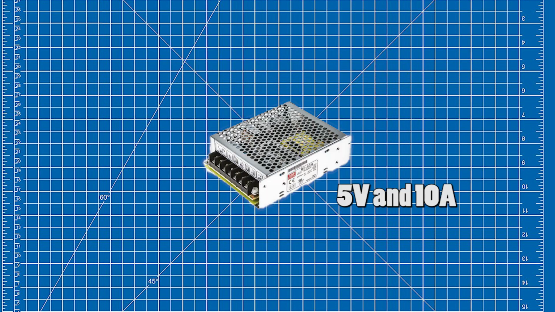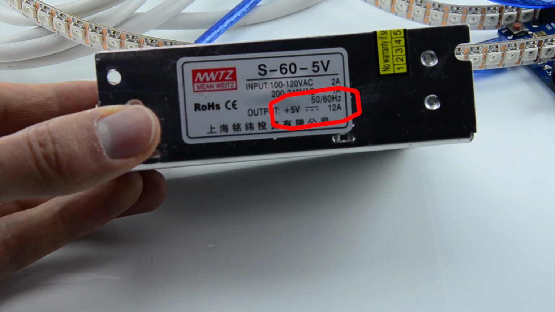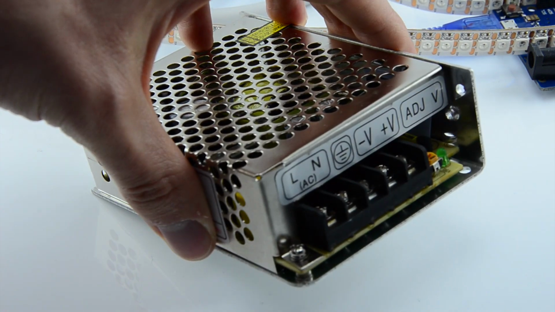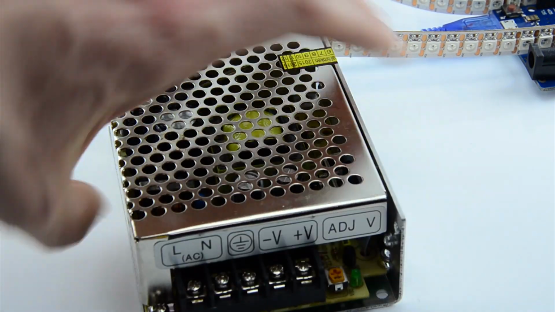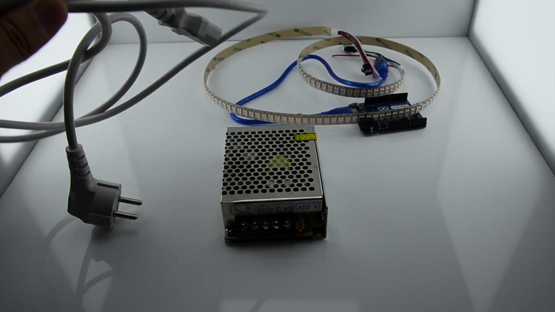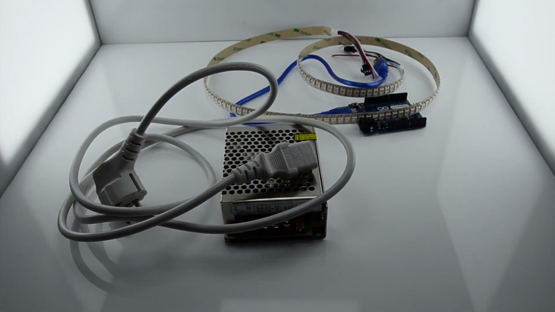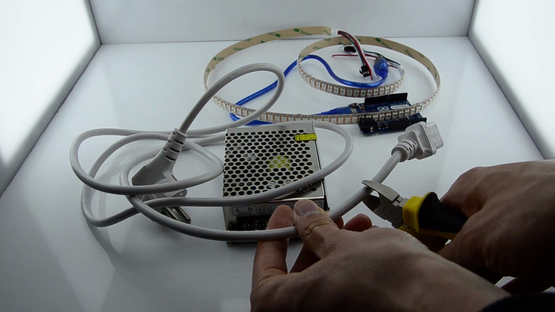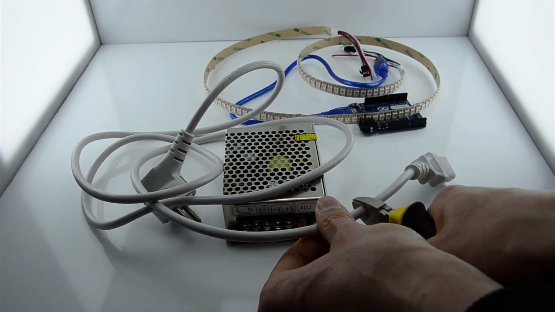So our power supply should at least be able to provide 10 amps, and it must be a 5 volt power supply. As you can see, my 5 volt power supply is able to provide up to 12 amps. Now I just cut off a cable, removed the insulation and connected it to the power supply.